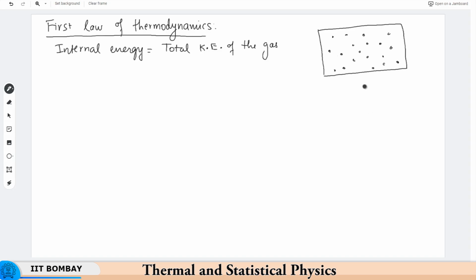Now let us bring some heat source close to this container. Maybe let us bring a candle. And what is a candle? A candle is another source of energy which is at a much higher temperature. The candle is hotter; there is a flame which is much hotter. What does heat mean?